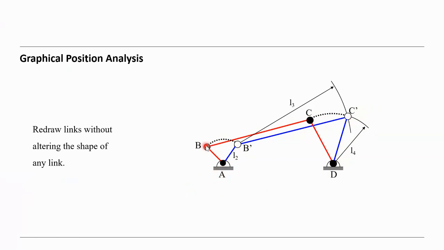We know that B is moving on a circle with the radius AB, and C is also moving on a circle with the radius DC. So then we can easily find the B prime and C prime, because we also know all other lengths of the members.